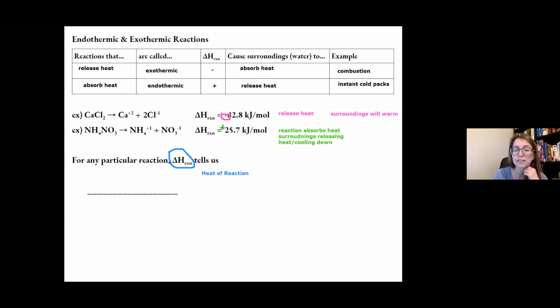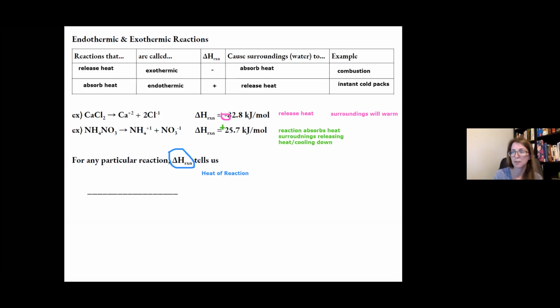Well, it releases 82.8 kilojoules for every, there's an invisible 1 in front of the calcium chloride, so for every 1 mole of calcium chloride that I dissolve. Ammonium nitrate absorbs, because it's a positive sign, 25.7 kilojoules for every, again, there's an invisible one here, 1 mole of ammonium nitrate that I dissolve.